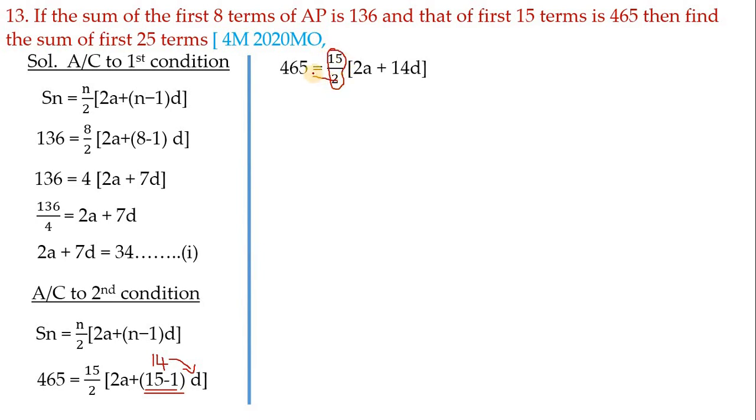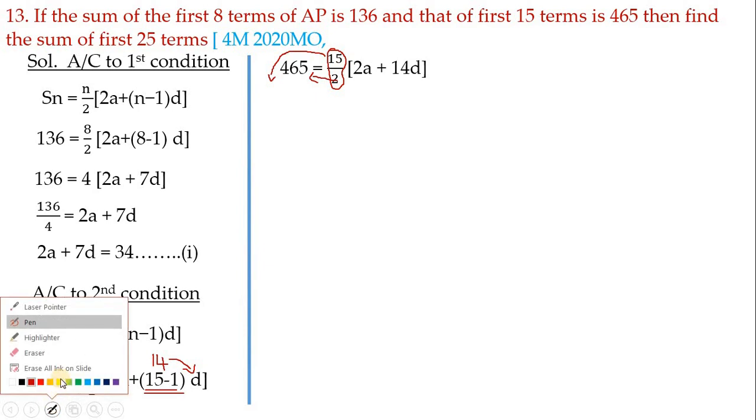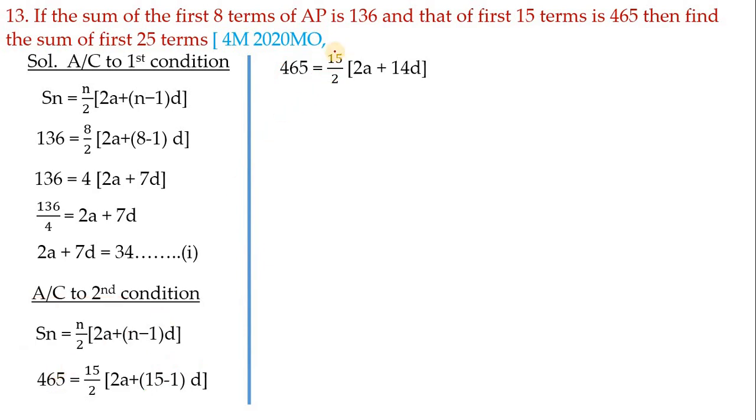This 2 multiplied to 465, and this 15 to transfer this side, it becomes the denominator. I'll repeat again. This 15 by 2 transfer this side, it will become 2 by 15, just like this. 2 goes to numerator, 15 will become the denominator.